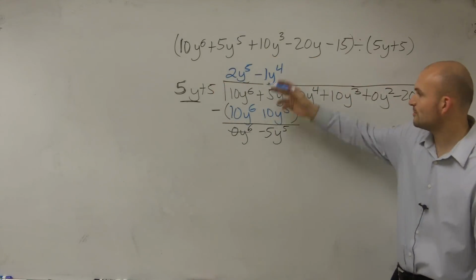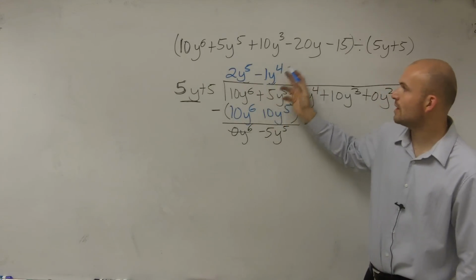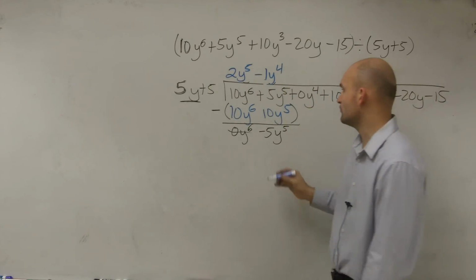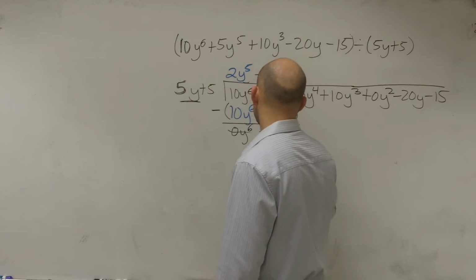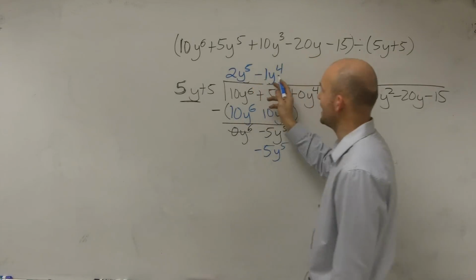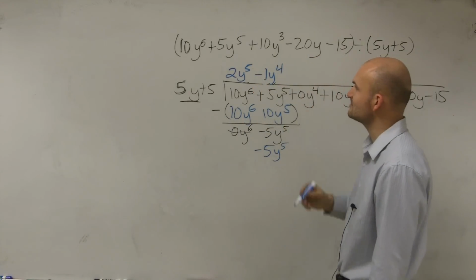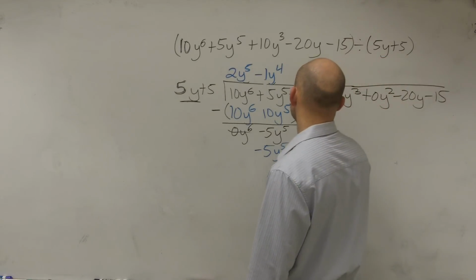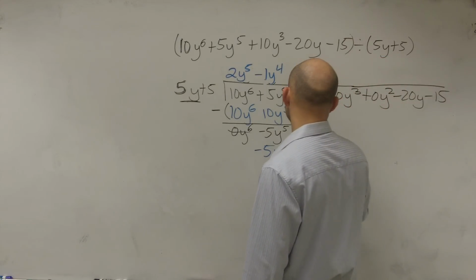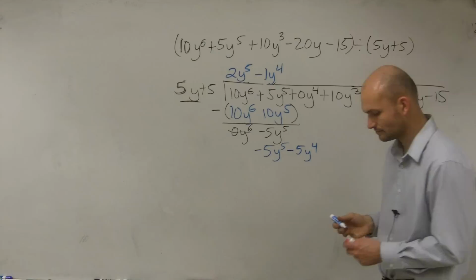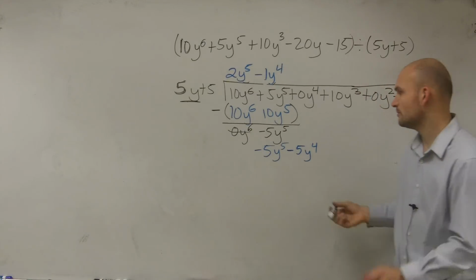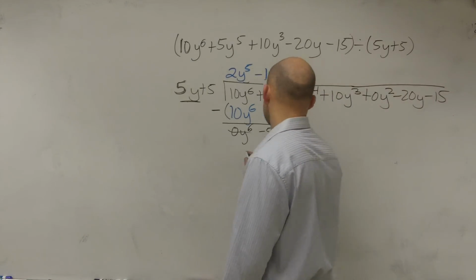Now we multiply them again. Negative y to the 4th times 5y is going to be a negative 5y to the 5th. And negative 1y to the 4th times 5 is going to be a negative 5y to the 4th. Then we subtract our rows.